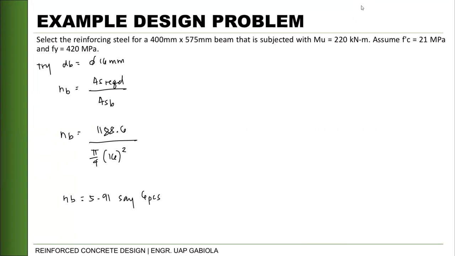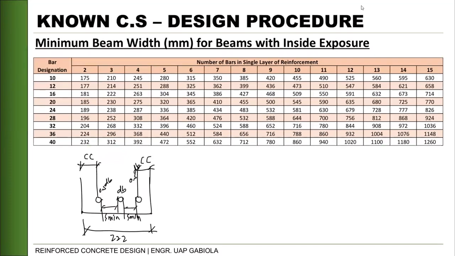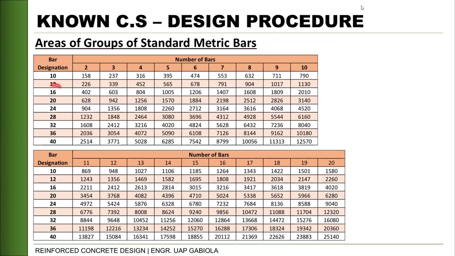To check whether 6 pieces of 16 mm will be enough to fit in our beam of 400, we can go back to our table. For the area, 6 pieces of 16 mm has an area of 1206, which is greater than our required, so we are okay there.